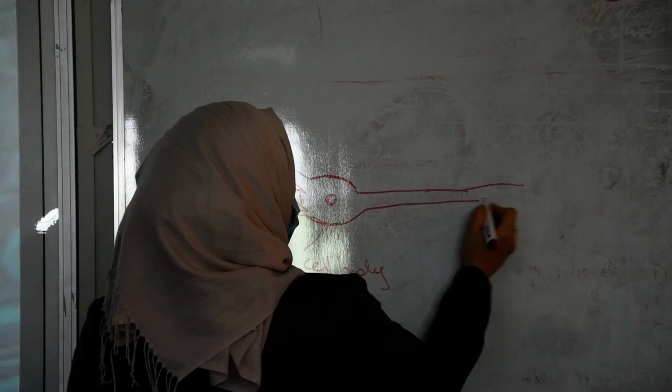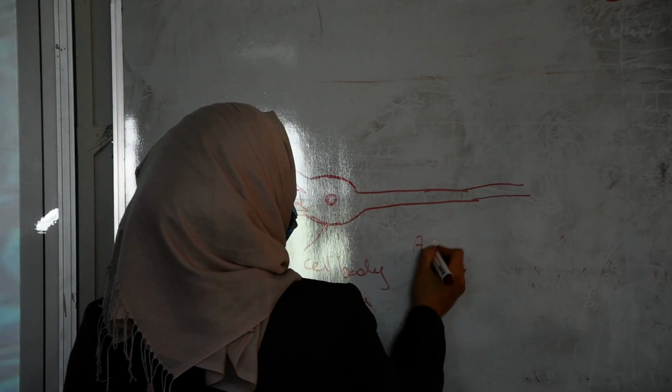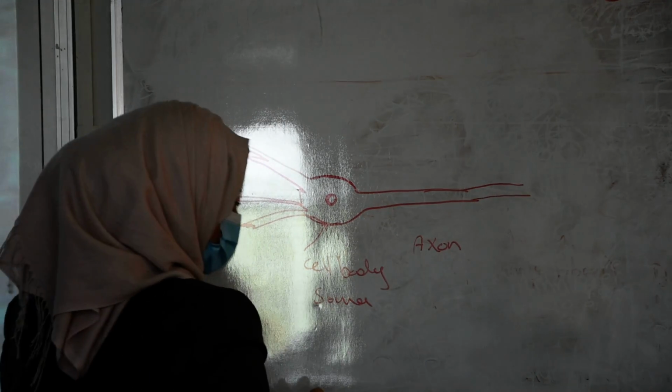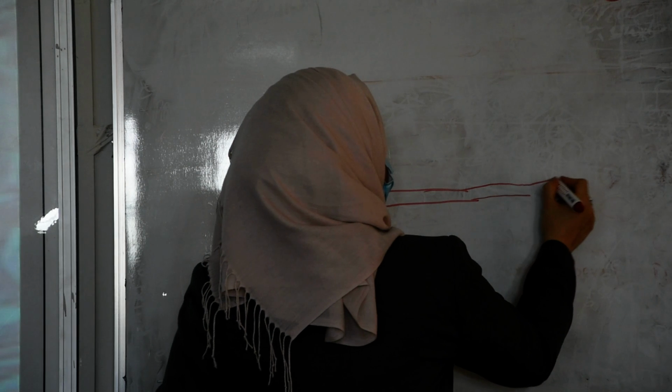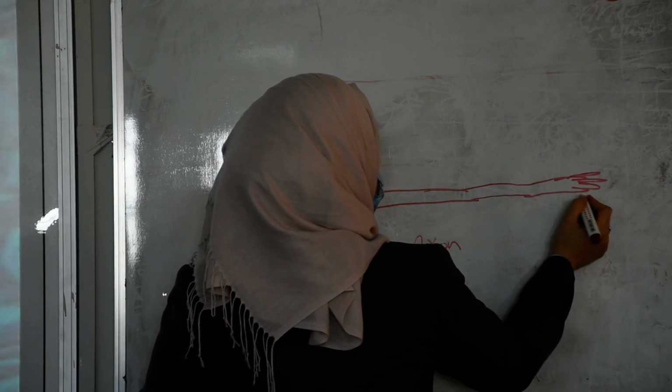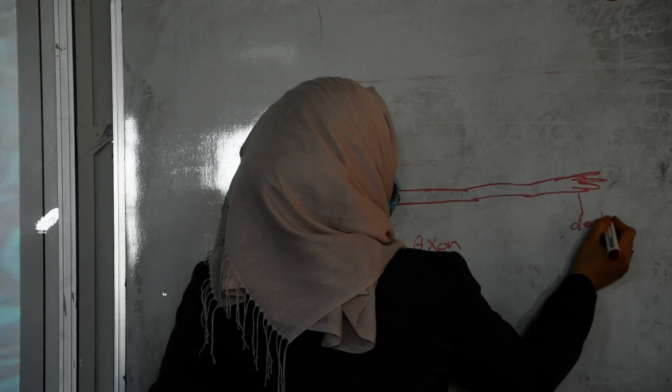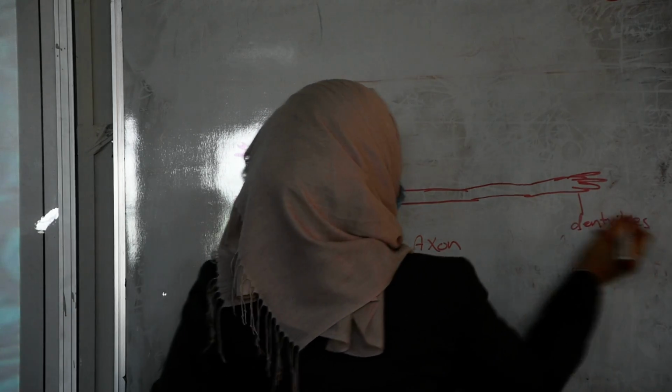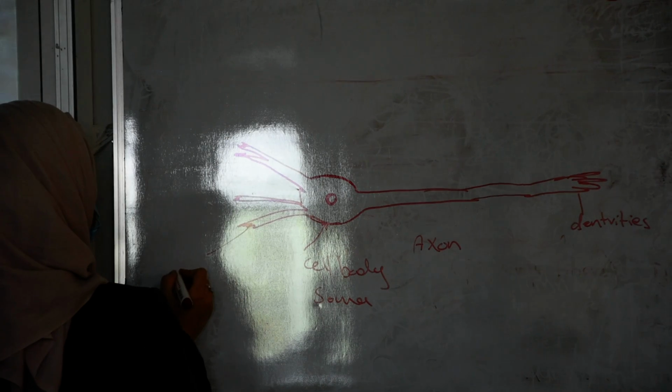And the long part is called the axon. And the end of it is called dendrites. These are also the dendrites.